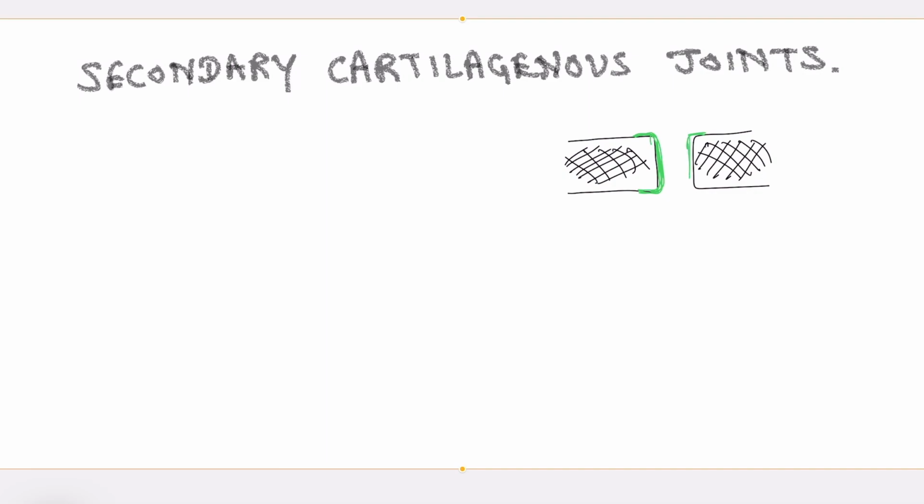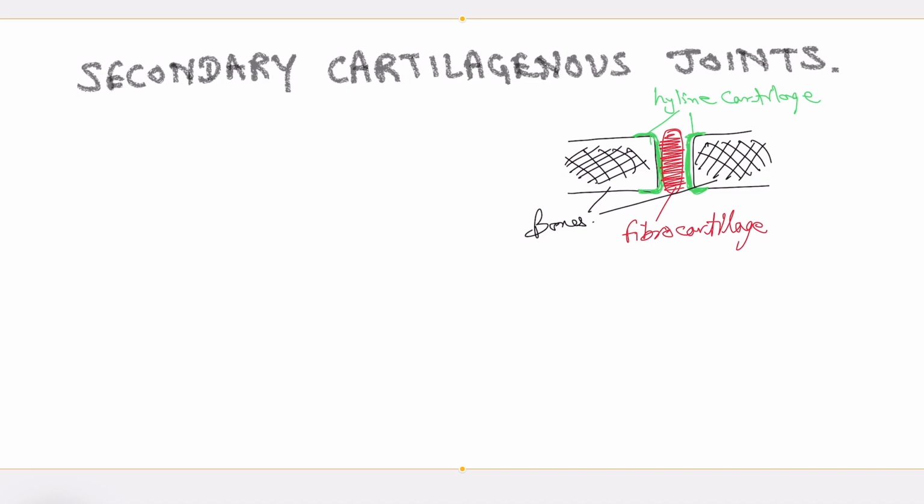That's the articular cartilage. Then interposed between the two articular surfaces, there is a disc placed here. This disc is made up of fibrocartilage. This green colored one is hyaline cartilage. These are the two bones. So that's the structure of a secondary cartilaginous joint.